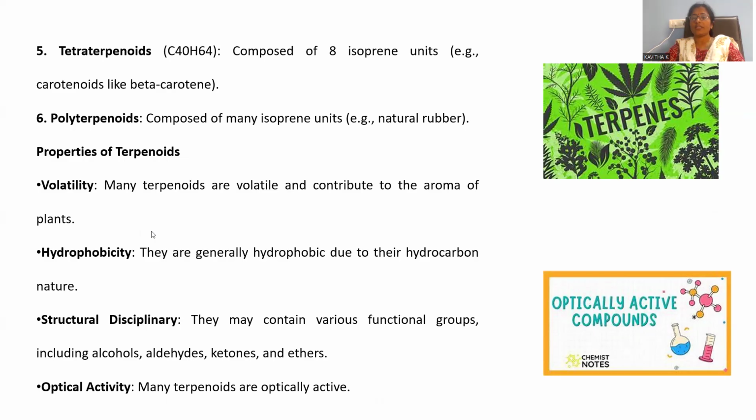Let's go with properties. How can we observe the properties of terpenoids? Volatility is the essential thing, right? For example, if you are spraying a scent, what happens? Immediately it will disappear because of volatility. In the same manner, terpenoid oil also has the nature called volatility. Most of the isoprene compounds, terpenes, are volatile in nature, because hydrocarbons have a low boiling point, right?